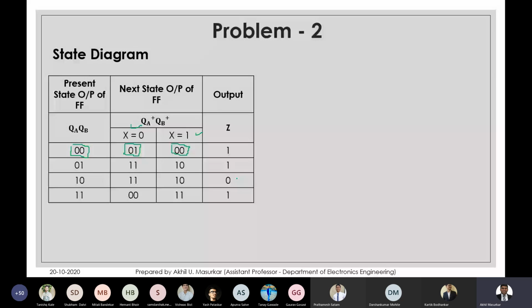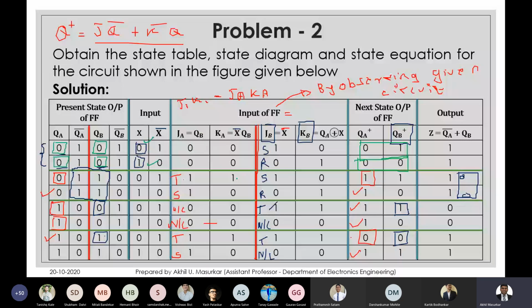So please copy down this particular diagram. Now, why we should write this table is because it is easier to draw a state diagram from this table rather than the previous one. So if somebody says that I will draw the state diagram from this table itself, fine, you can go for it, no problem. But there is a possibility that these zeros and ones can confuse you.